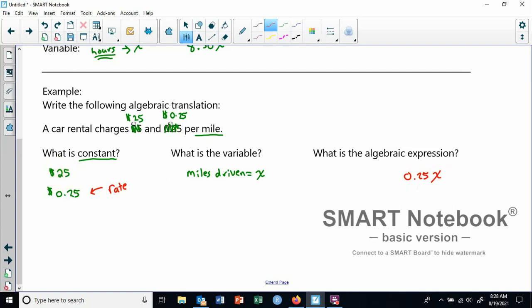Well, we still have to pay this $25 as well. So that just gets added on to it. So there is how much our total cost would be for renting this rental car. It's $25 plus 25 cents times each mile. On the test, you'll have to be able to come up with this last part. All this extra was just to guide our thinking to this.